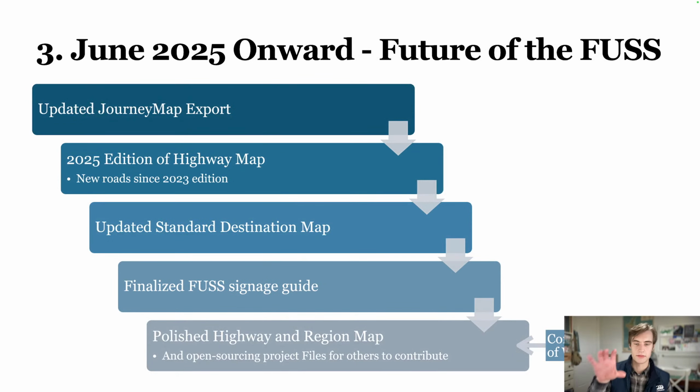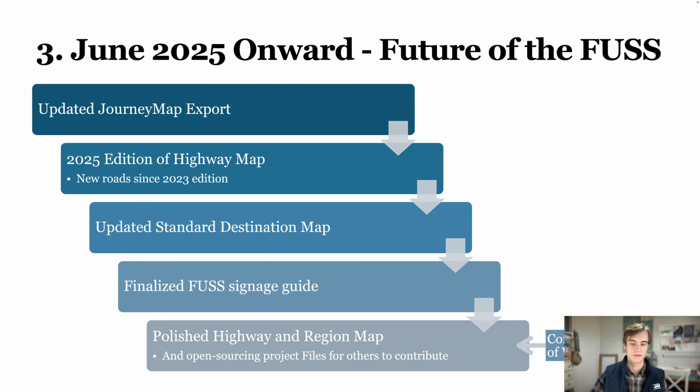But that'll be that final edition, and then from there we can go to creating the standard destination map, because then we'll have all of the new towns and highways, and that will dictate what can go on those new highways. It'll just be updated, and then everybody should be able to follow it.